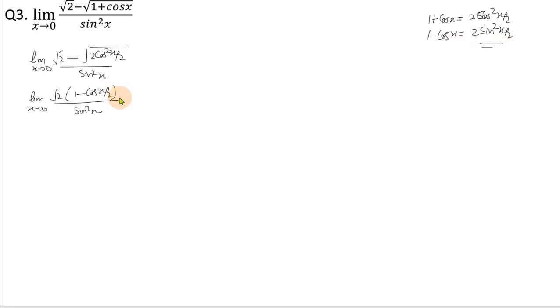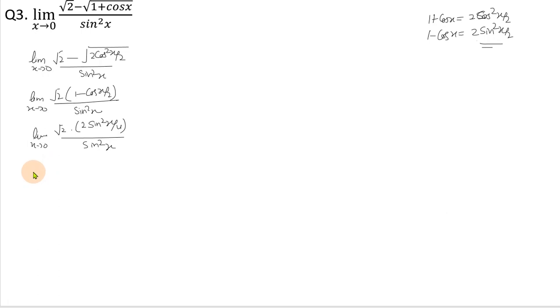So here angle is x by 2, so in the right hand side it will be x by 4. So limit x approaches to 0 root 2 into, here we get 2 sin square x by 4 upon sin square x, because here angle is x by 2, so it becomes x square by sin square x by 4.